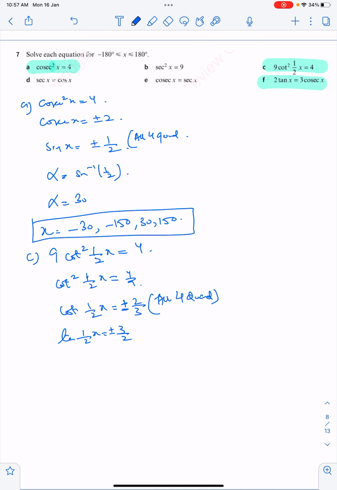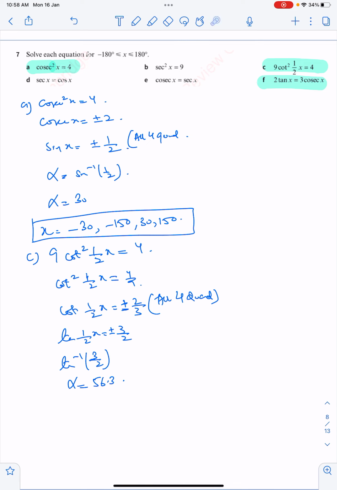Now I have to find the basic angle, tan inverse of 3 upon 2, keeping my angle unit in degrees only. Tan inverse of 1.5, the basic angle is 56.3.